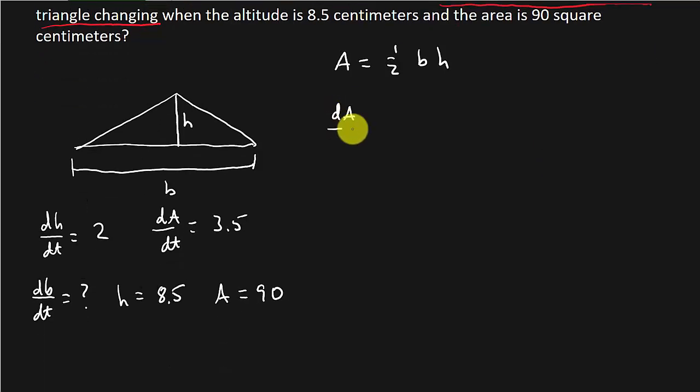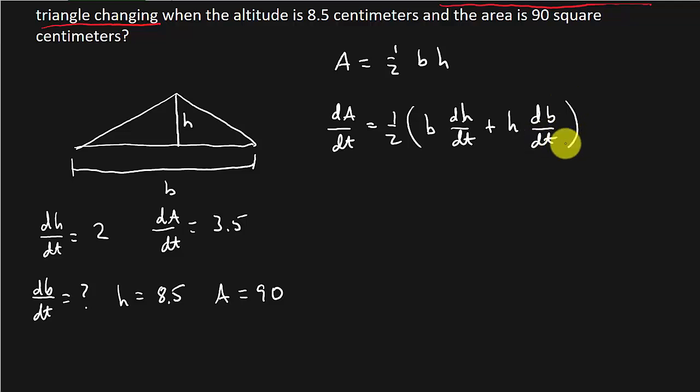So we've got dA/dt, we're differentiating with respect to t. That's going to be 1/2 times the derivative of this. That's the product rule. We'll do the first function times the derivative of the second, plus the second function times the derivative of the first.